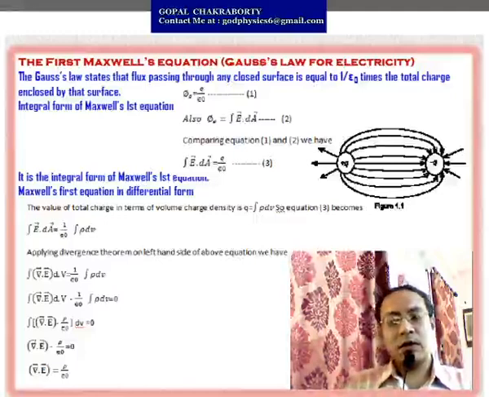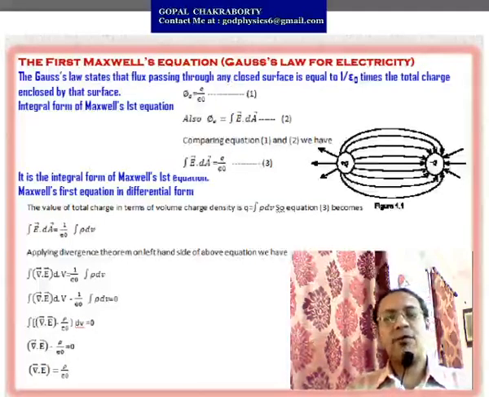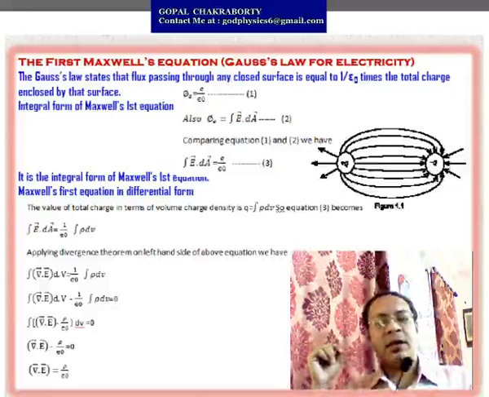Now coming to the first Maxwell's equation, that is del dot E equals rho by epsilon naught. Before deriving this equation, what is the meaning of this expression?